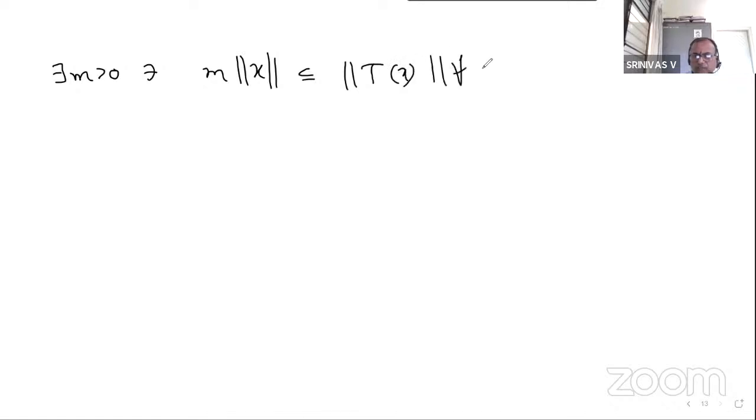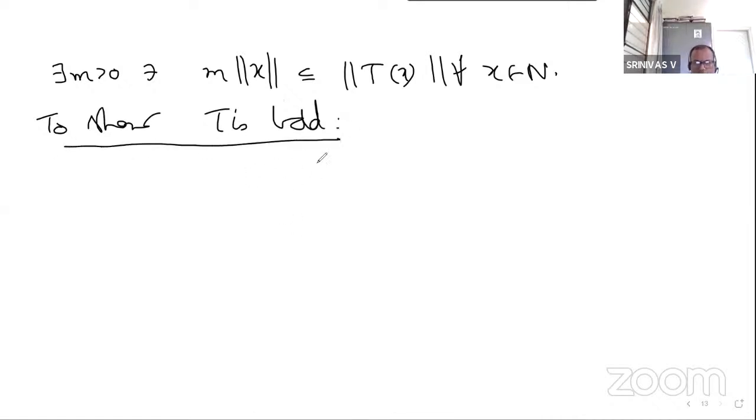So what we have: there exists a small m positive such that m times norm x is less than or equal to norm T of x for all x in n. To show T inverse is bounded, what should happen?